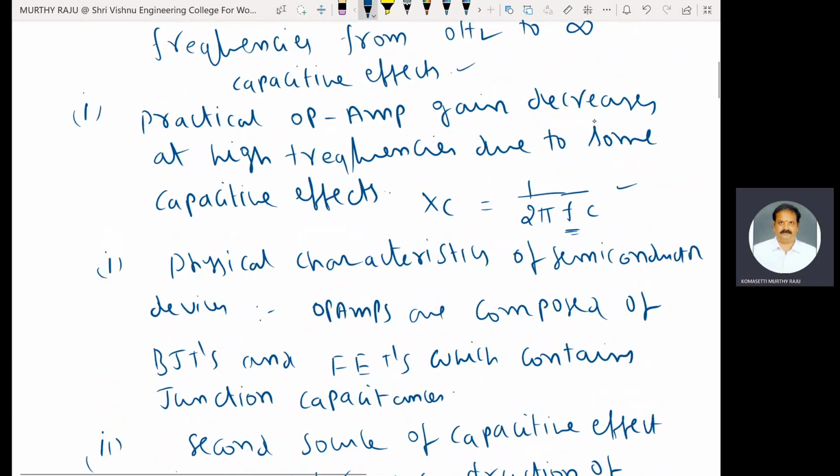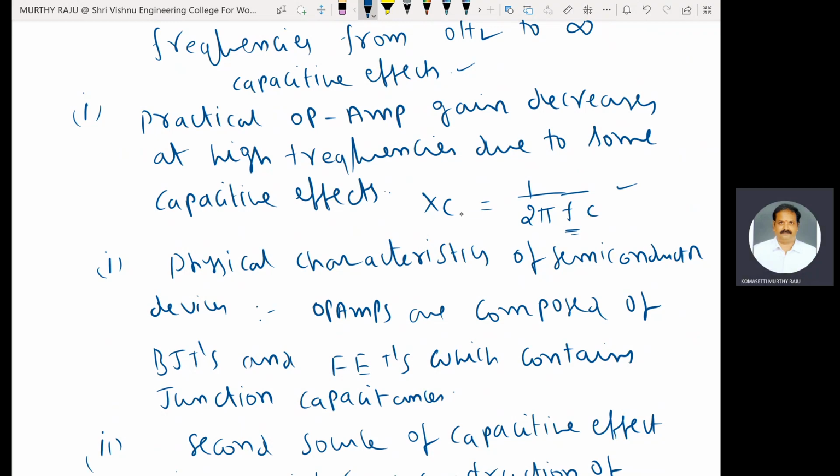Practical op-amp gain decreases at high frequencies due to some capacitive effects. The reactance of that capacitance, Xc, is equal to 1 by 2 pi Fc. When F is low, Xc is very high. That means Xc acts as an open circuit.